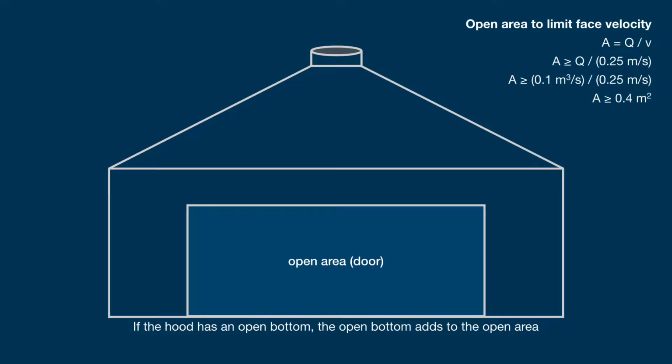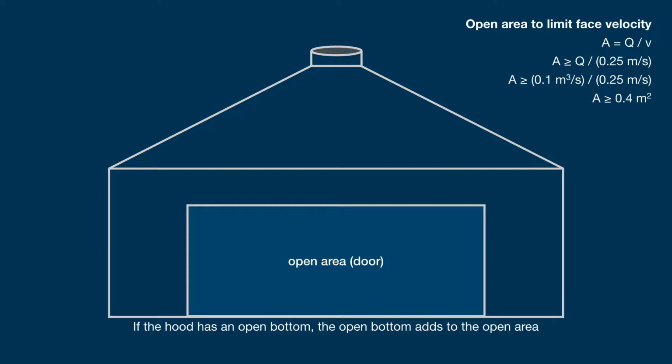One of the most important considerations when designing your system is to reduce the face velocity of air entering the testing hood. The face velocity of air entering the hood is controlled by the volumetric flow rate through the exhaust blowers and the open area where air passes from the room into the hood.